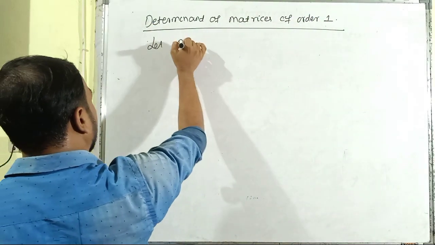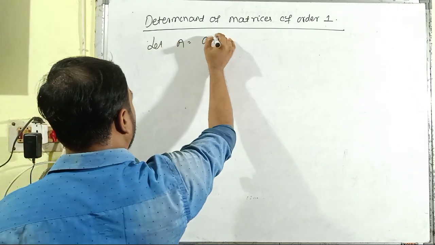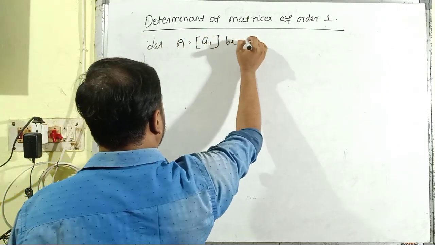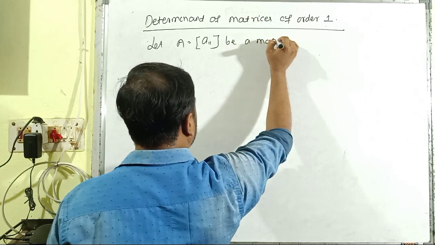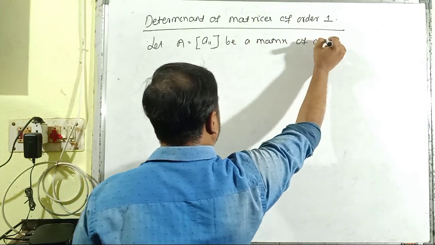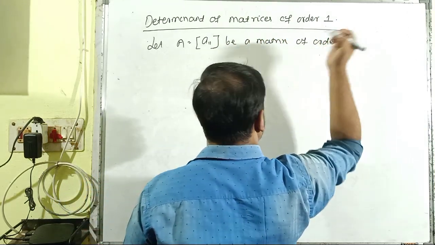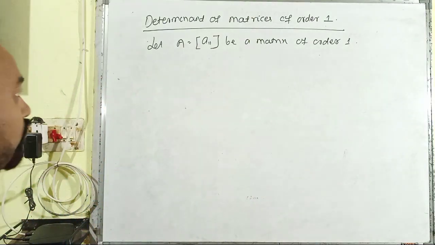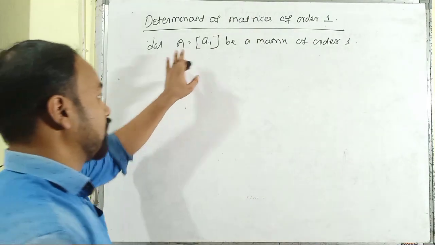Let A equal A11 be a matrix of order 1. Then we have to find the determinant of this matrix.